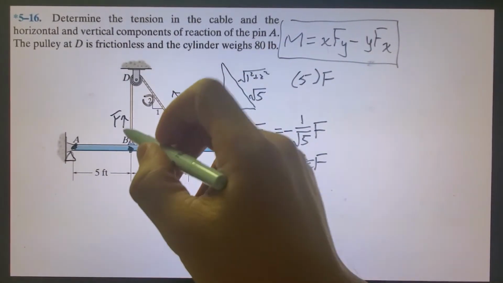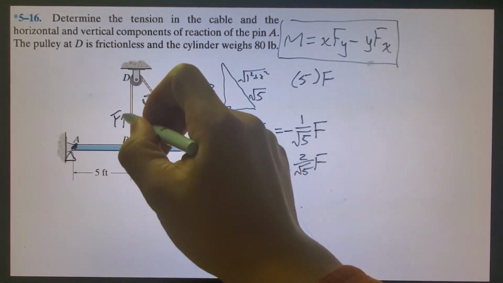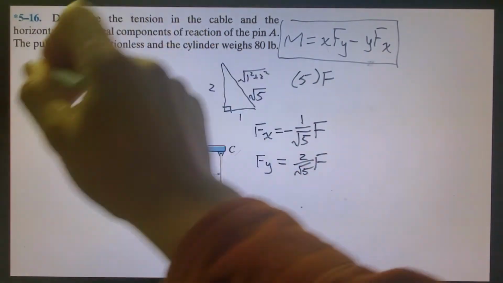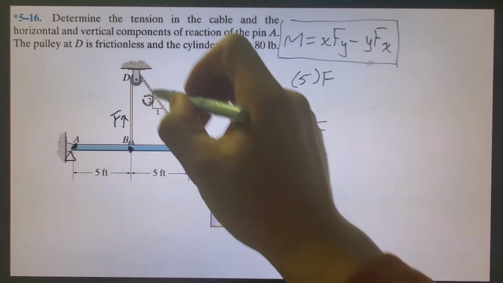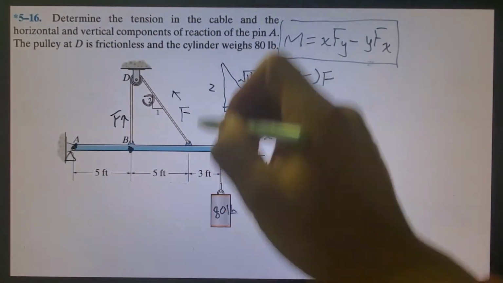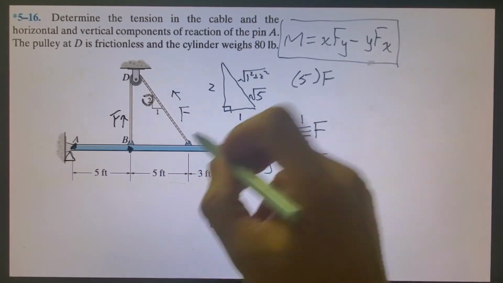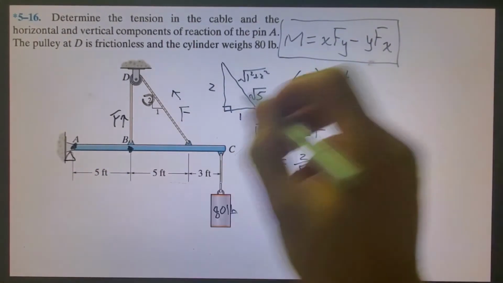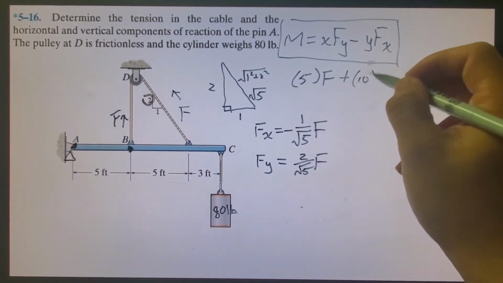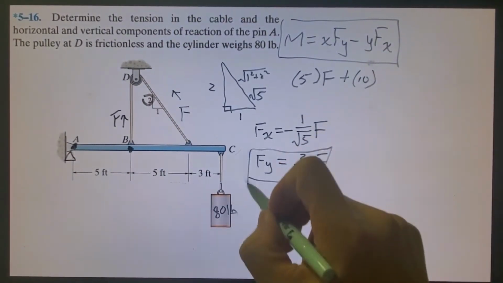And by the way, the torque will be a positive number. Okay, because this pulling it up is going to make it go counterclockwise. That's why it's a positive number. The force over here is also going to make it go counterclockwise. All right, so let's look at the one done over here. So plus X, X is 5 plus 5, so that is 10, times F in the Y direction, which is this number over here.